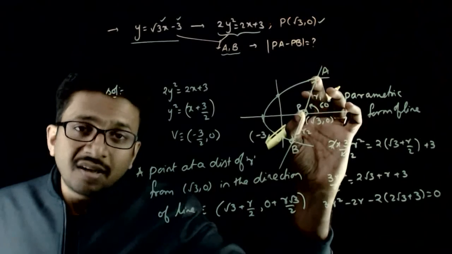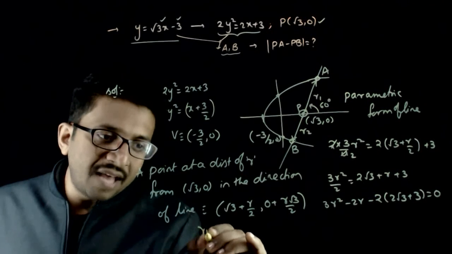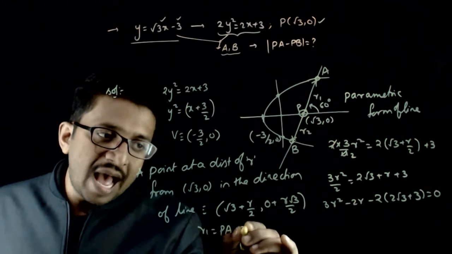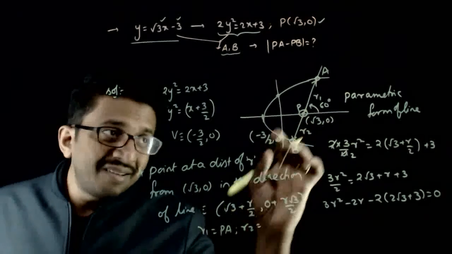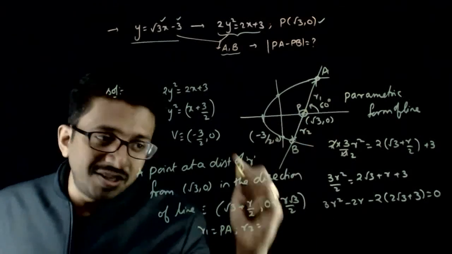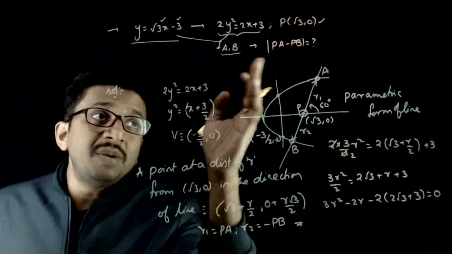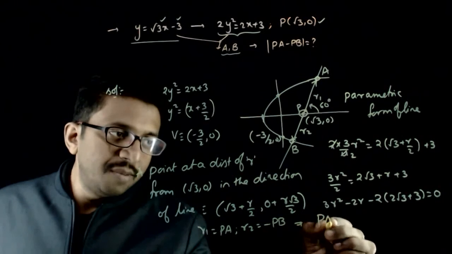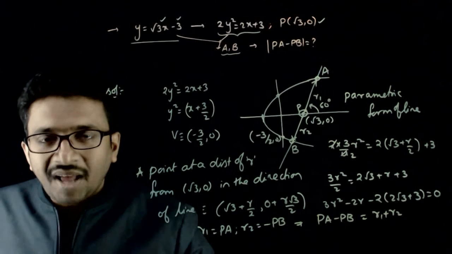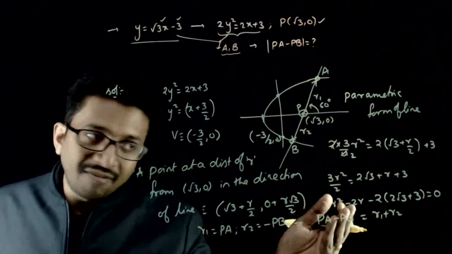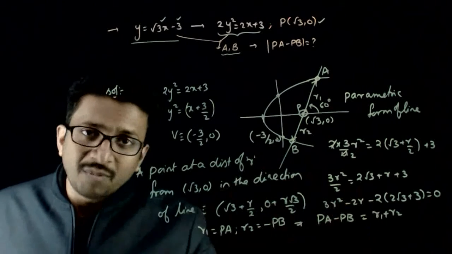So if I assume r1 as PA, r2 will be minus PB. If r1 is equal to PA, r2 will have a magnitude equal to PB but a negative sign, because you're going in the opposite direction. So if you just want PA minus PB, that's nothing but r1 plus r2. If you find r1 plus r2 of this equation, you'll get the mod of PA minus PB once you take the mod.